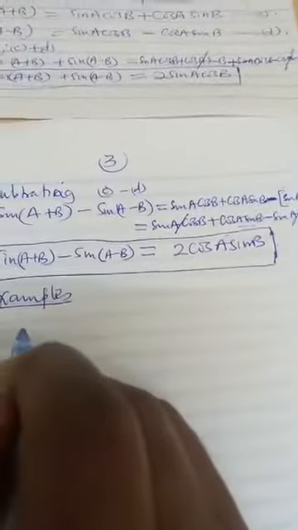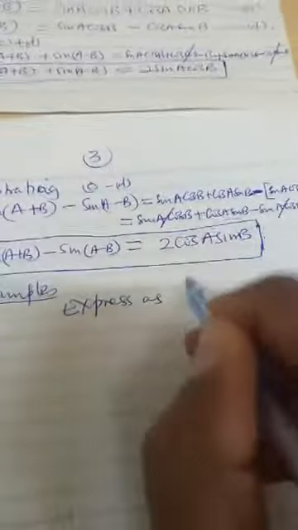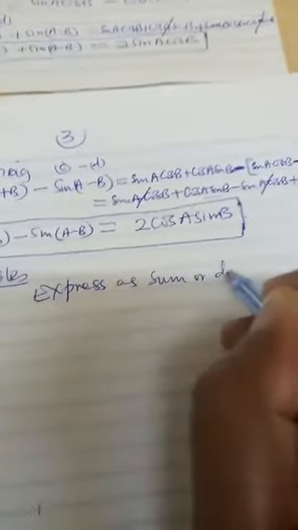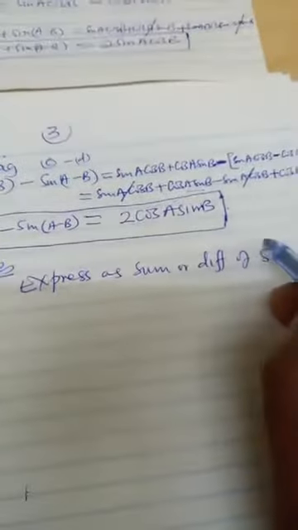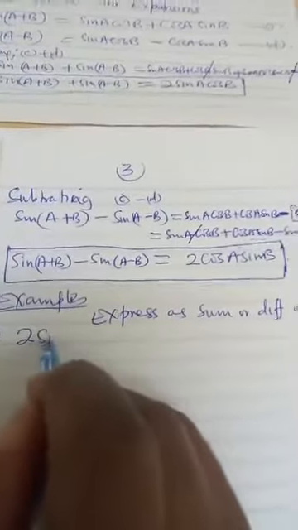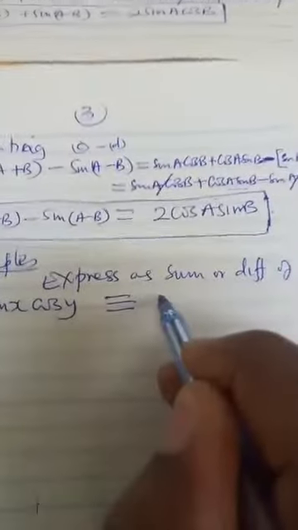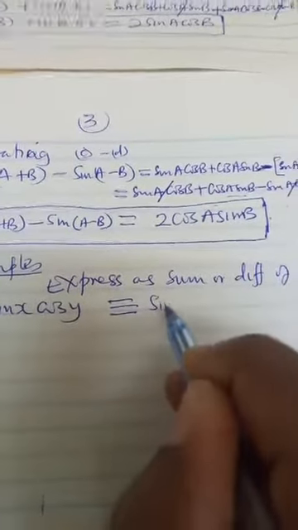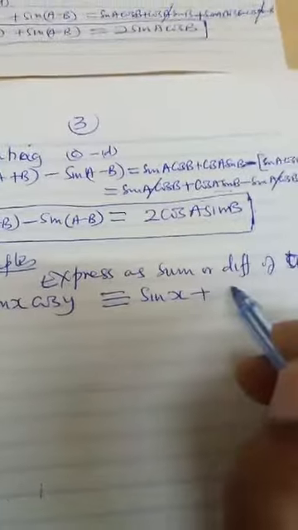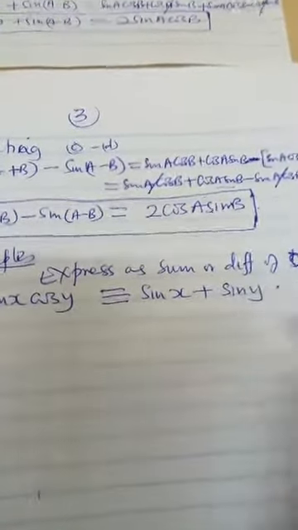If they say express as a sum or difference of two sines, and they give us like 2 sine x cos y, this would definitely be equivalent to the sine of x plus the sine of y.